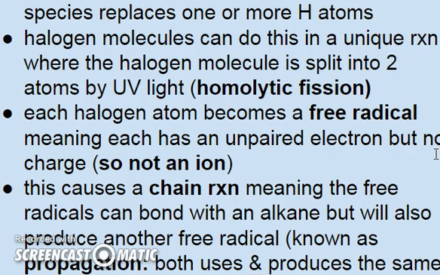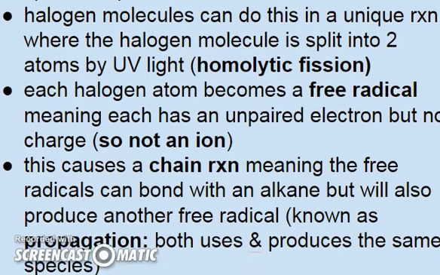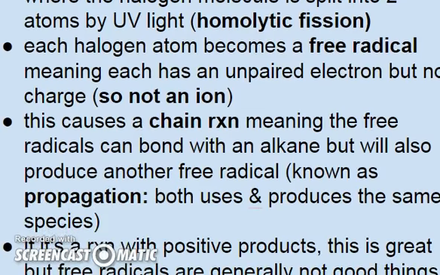So it's got 7 electrons, meaning 1 electron's unpaired. There's no charge on the atom, so it's not an ion, but it's a really reactive atom looking to find a partner for that last electron. You maybe have heard about free radicals with health stuff, because free radicals are linked to a number of health issues.